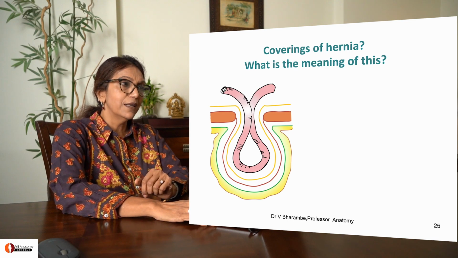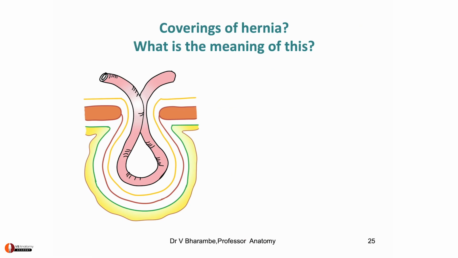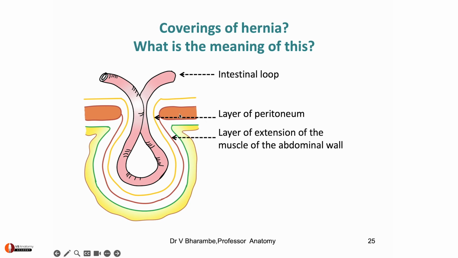So let's now talk about the meaning of coverings of hernia. Here you are seeing an intestinal loop which has found a weakness in the abdominal wall and has herniated out. You can see this is the loop. As it herniates out, it carries a layer of peritoneum with it. See the yellow line. So it is immediately covered by peritoneum. As it passes through the muscle, it pulls a thin layer of the muscle also.